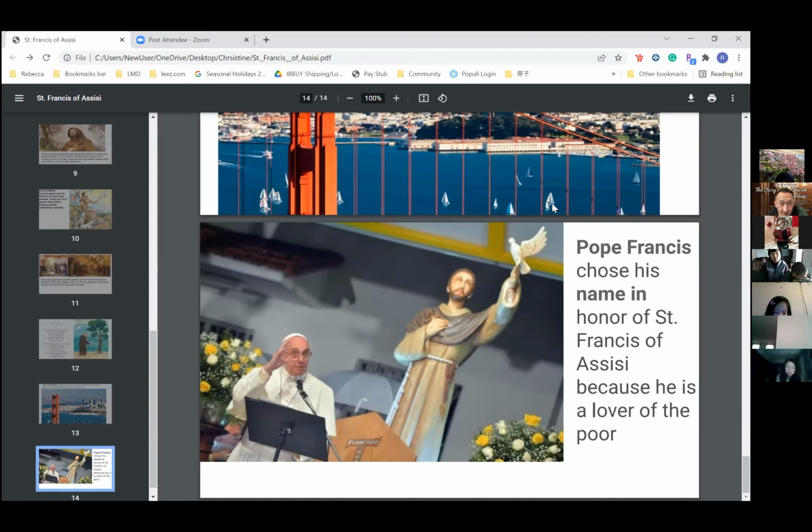Where there is darkness, only light. And where there's sadness, ever joy. O Master, grant that I may never seek so much to be consoled as to console, to be understood as to understand, to be loved as to love with all my soul.